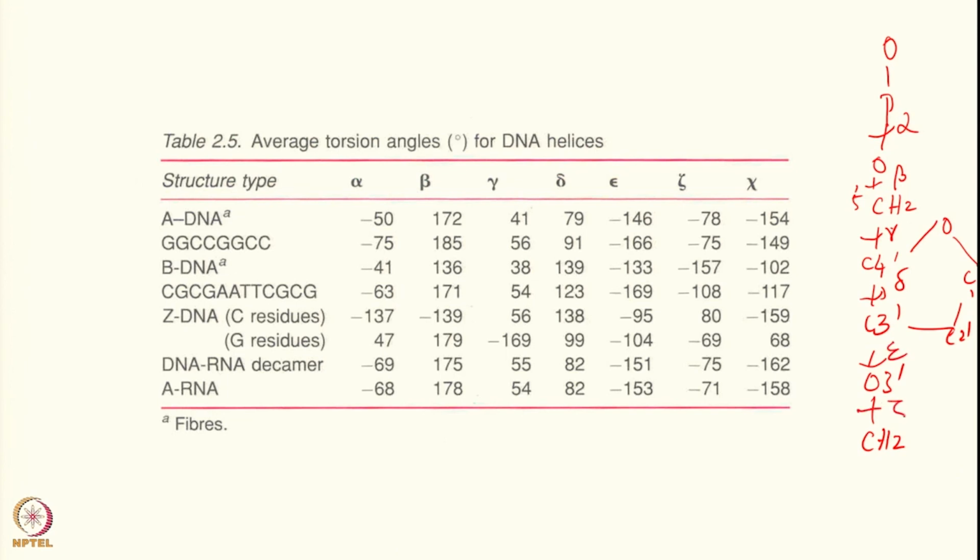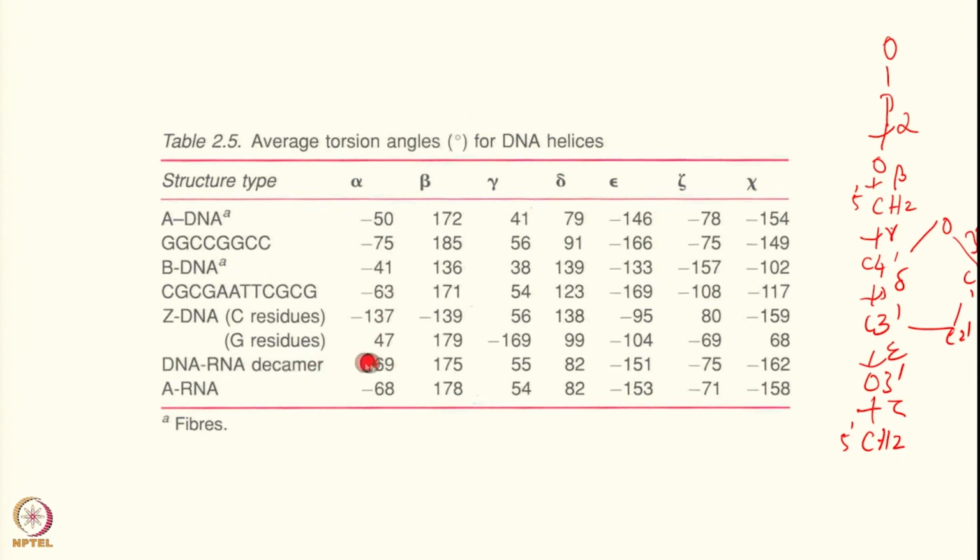The one which connects the C1 prime to the base, that is the chi, the one angle which is not along the backbone. This is the 5 prime again, CH2. So therefore you have alpha, beta, gamma, delta, epsilon and xi, the 6 torsion angles, and how these values are changing.